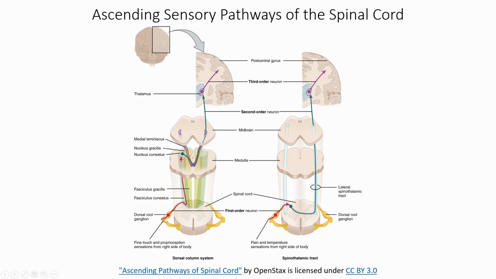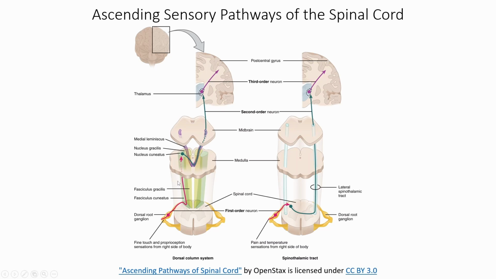So we started on the right, entering up through the dorsal root ganglion, in this case being handled by the fasciculus cuneatus. Travel up. When we get to the nucleus cuneatus, we're going to then move over into the medial lemniscus, pass over to the left, travel up through that medial lemniscus all the way up till we get to the thalamus, and then to that post-central gyrus in the cerebrum.